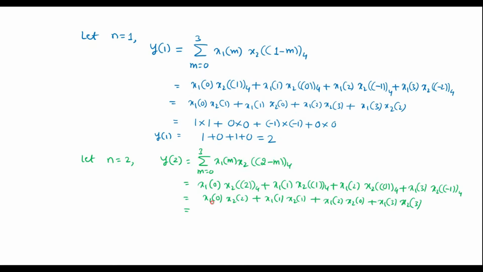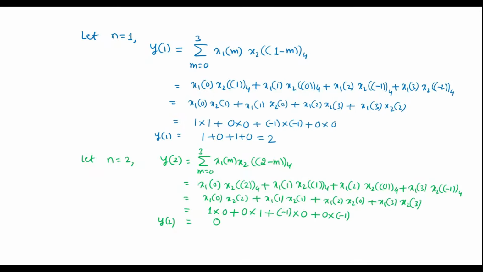Let me substitute the values. x1 of 0 is 1 into x2 of 2 is 0, plus x1 of 1 is 0 into x2 of 1 is 1, plus x1 of 2 is minus 1 into x2 of 0 is 0, plus x1 of 3 is 0 into x2 of 3 is minus 1. So simplifying this we get 0. y of 2 is 0.